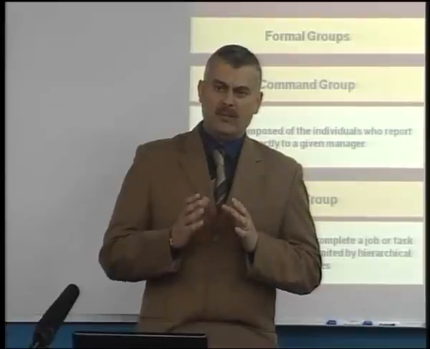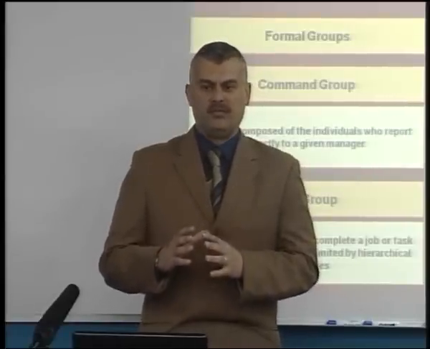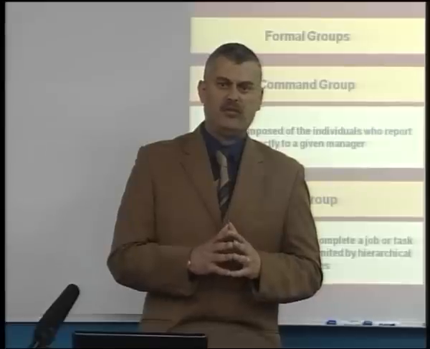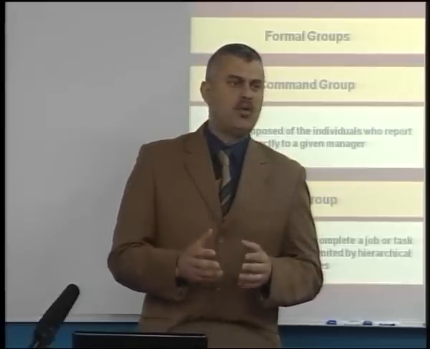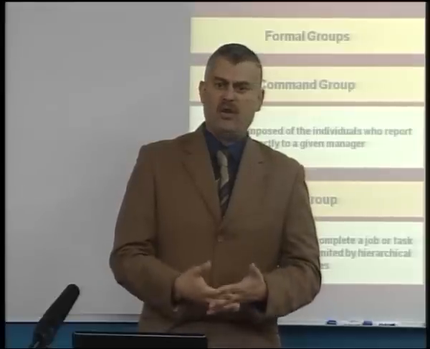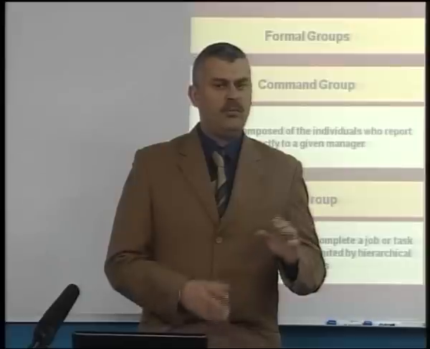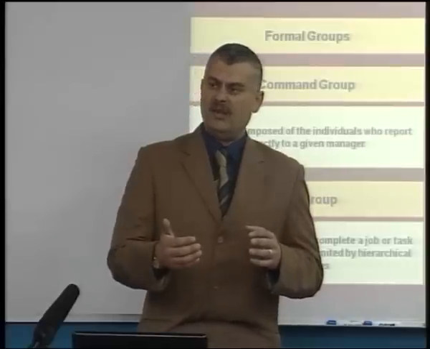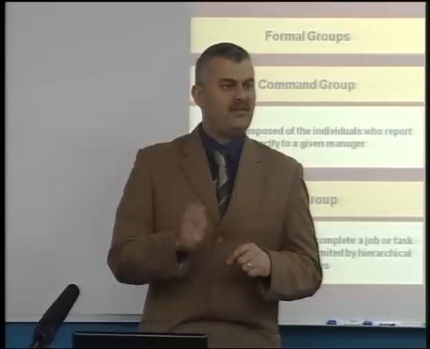Now, usually, between any group, whether it is formal or informal, there is an objective. We said that it is a precondition to form any group, that there should be some sort of joint objective which all the members of a group believe in. So when you talk about command groups, there is the function that must be followed or accomplished. When you talk about task groups, there is the assignment.